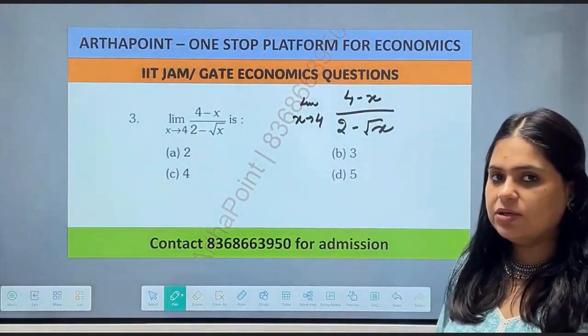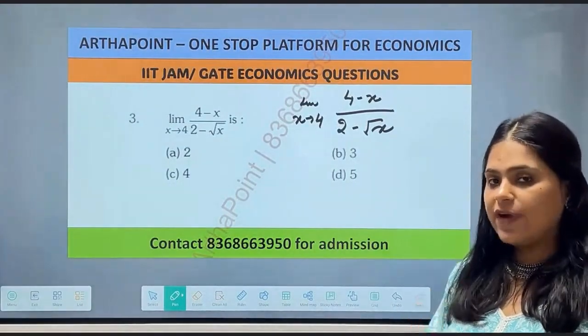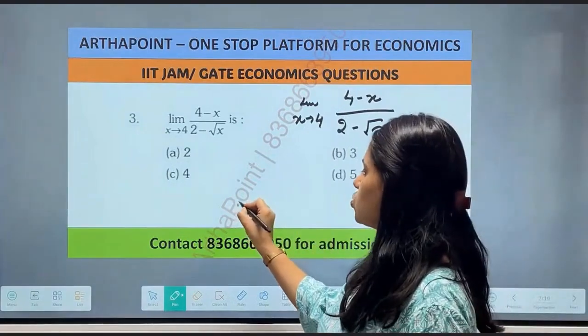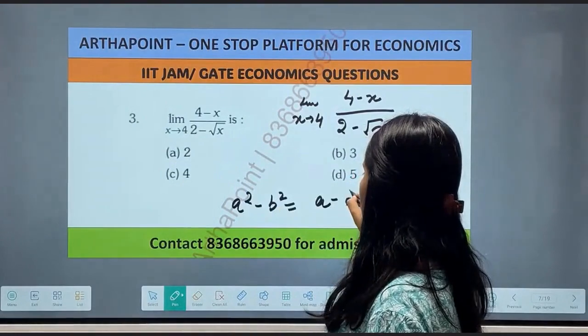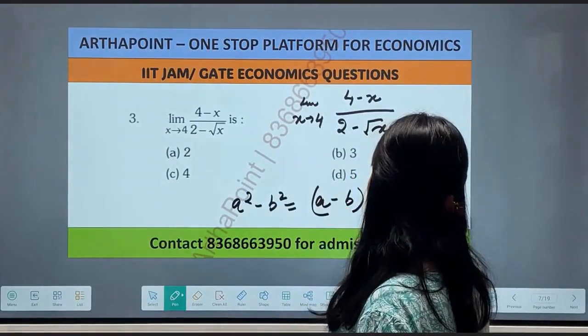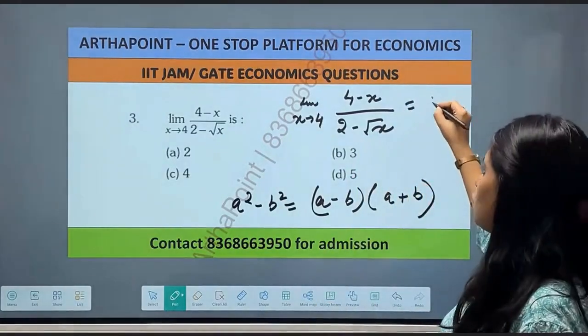I am giving you a hint. Try to write numerator as a factor. So try to use this rule that a square minus b square will be (a minus b) into (a plus b). Beta, if you directly solve this, you will get 0 by 0 form.